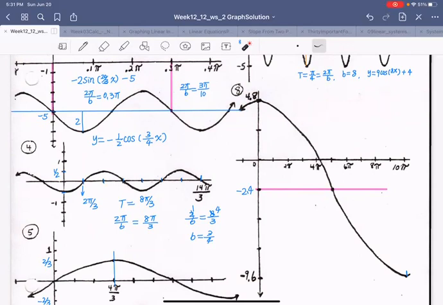Okay, minus 2.2. Yes. Everybody pay attention to the way we calculate the midline. You use the maximum plus the minimum. If both are positive, you add these two positive numbers together. If one is positive and one is negative, you do 4.8 minus 9.6 and then divide by 2.